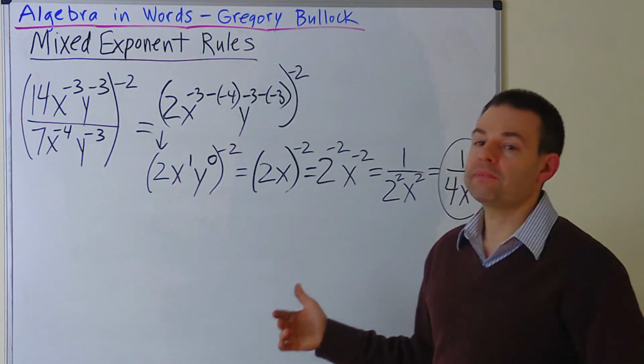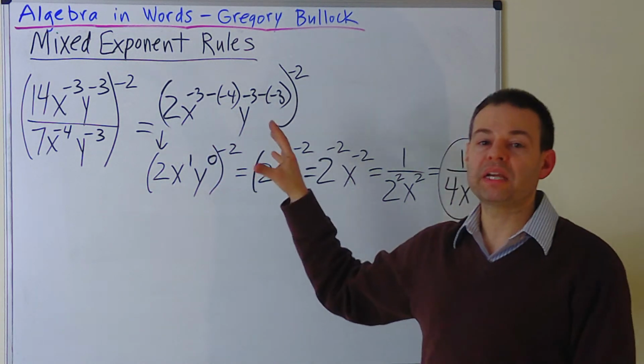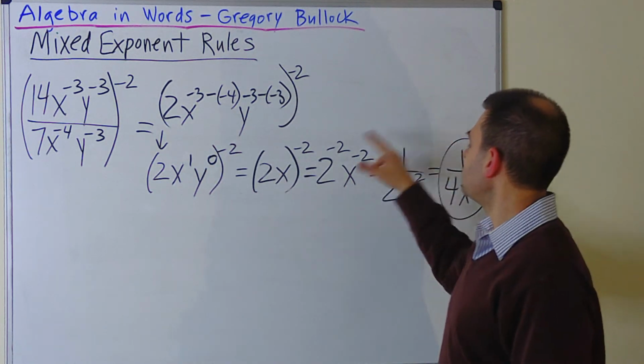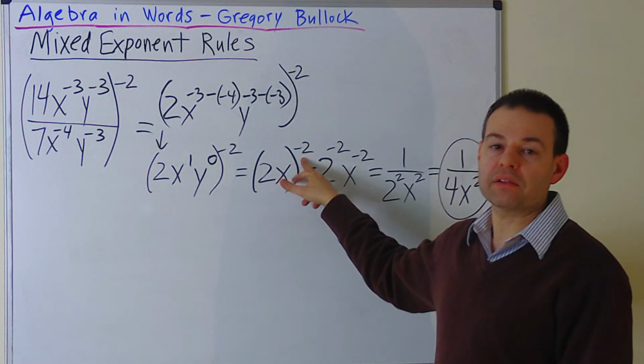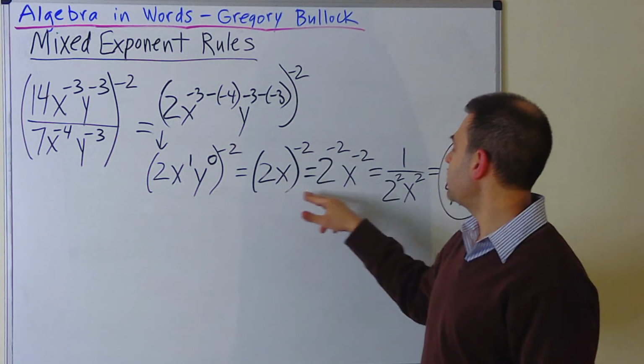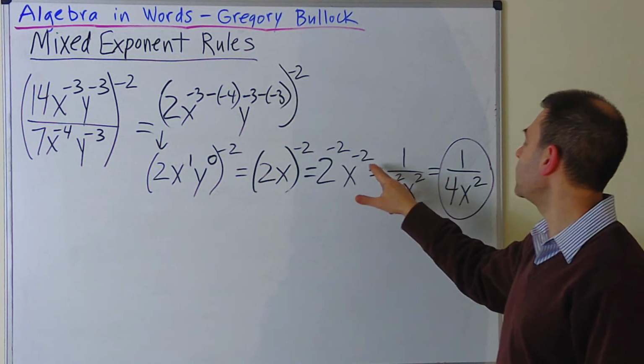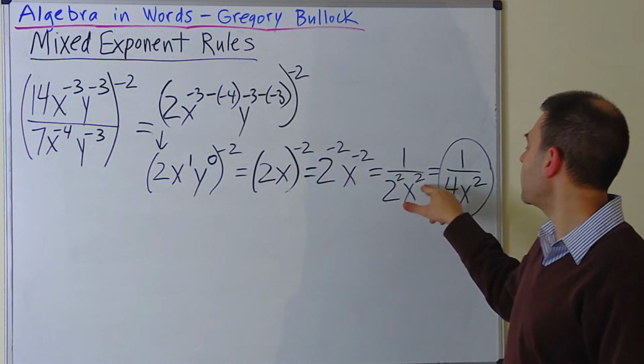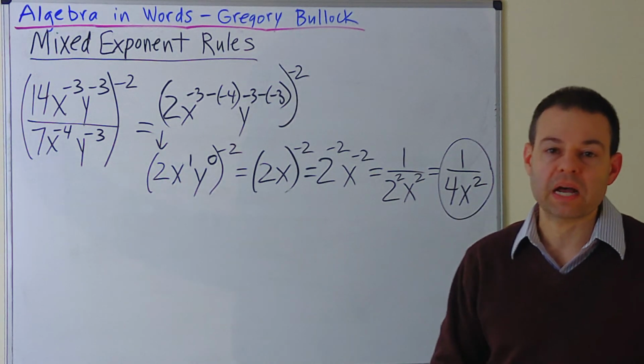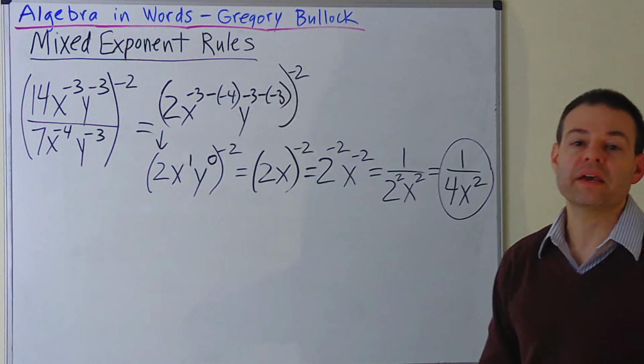Finally, after we simplified everything inside and applied the quotient rule, then we still had the negative 2 on the outside of the group, and we distributed that to each factor, and then we got rid of the negative exponent by moving each factor to the bottom and kept its exponent, but then as positive. And that's how we got to the answer.